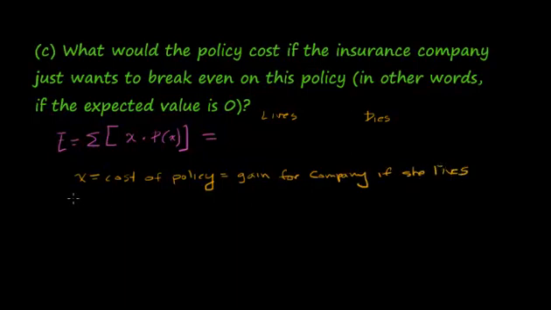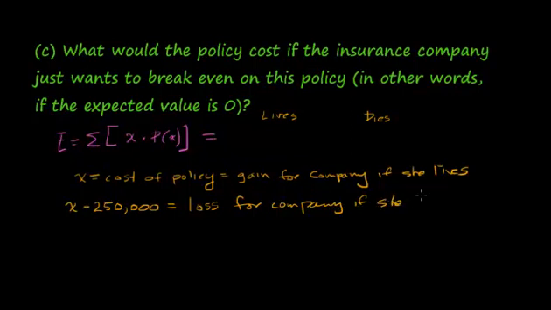That's what it represents. Well, it's a $250,000 policy, so we said X minus $250,000. This is the loss for the company if she dies. Notice that you would get a negative number because the cost of the policy is going to be way less than $250,000, so this is a smaller number.